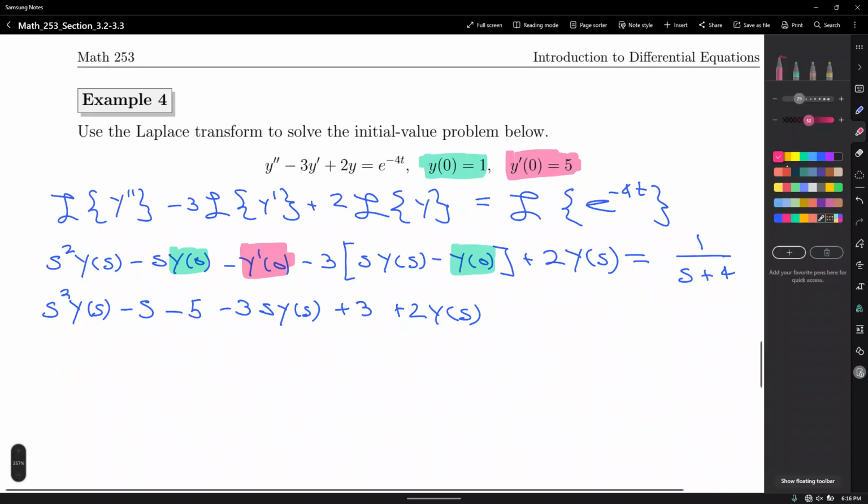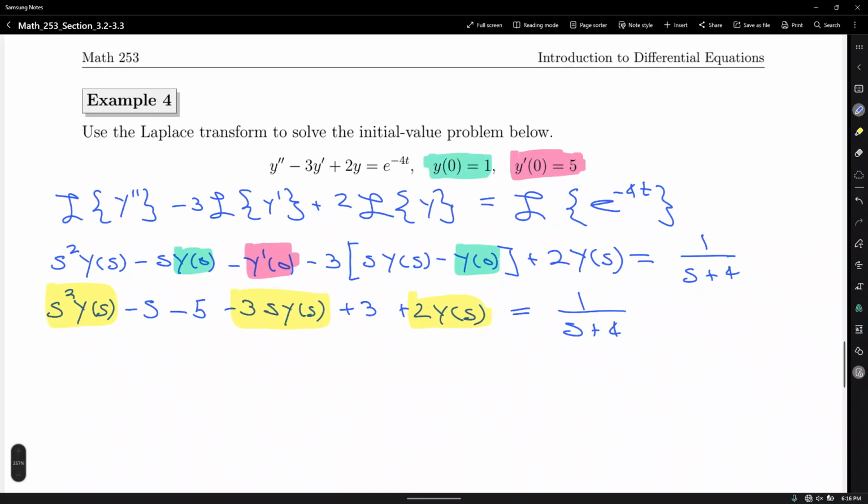Let me highlight all terms containing the y of s. I think it would be better and more efficient than writing the whole thing, right? So the right-hand side is still 1 over s plus 4, okay? Out of these three terms highlighted in yellow, I can factor y of s already.